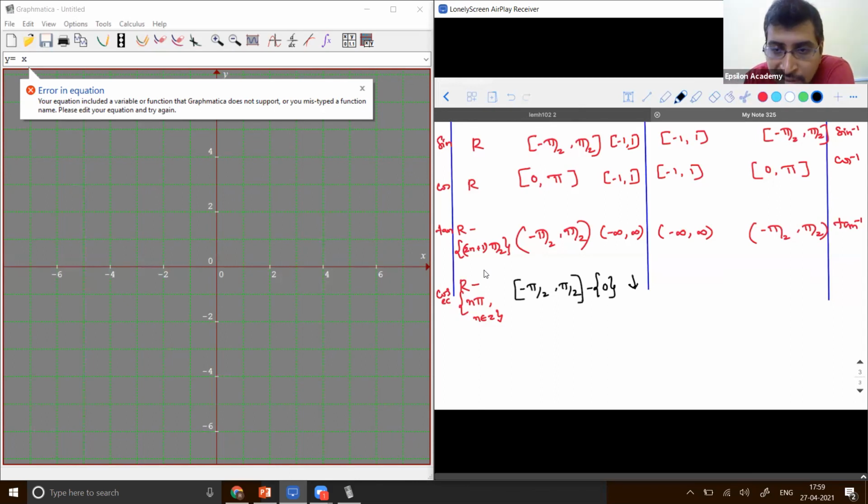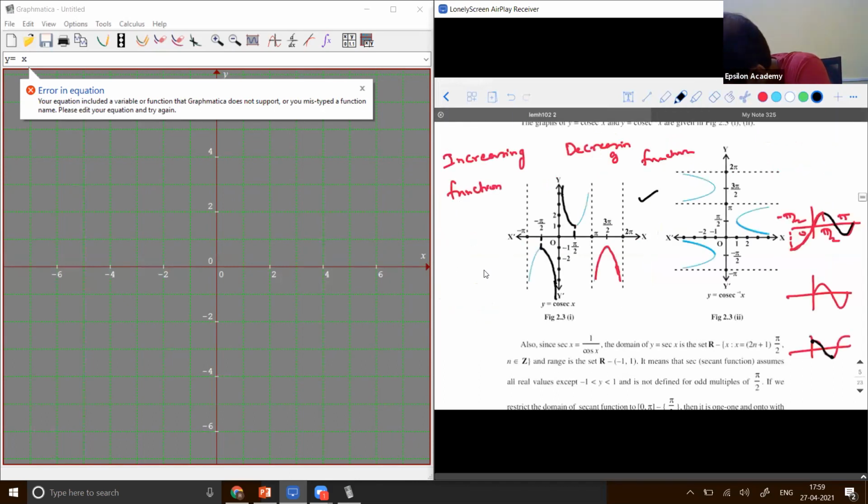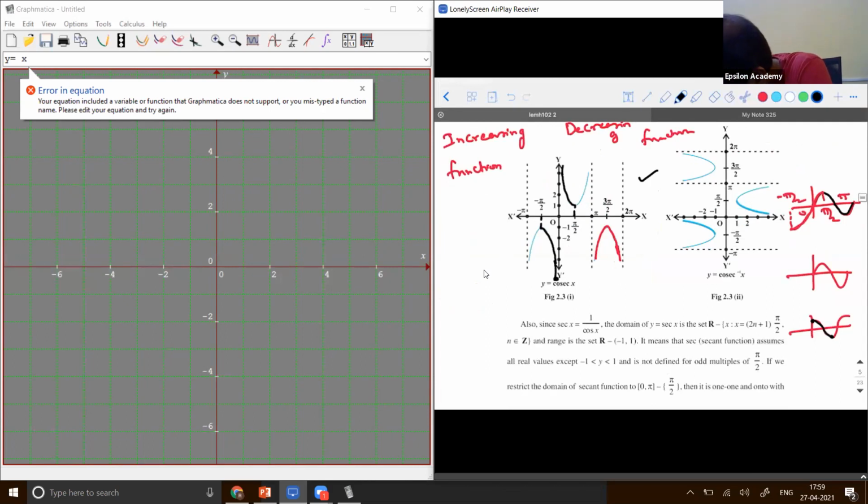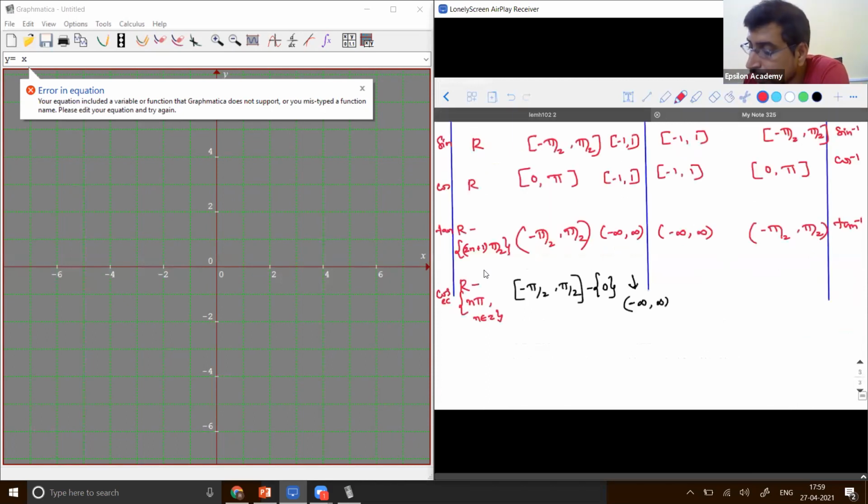My range will still be minus infinity to infinity. I'm able to get a value from minus infinity till plus infinity. So what will happen with cosecant inverse? This minus infinity to infinity, and minus pi by 2 to pi by 2 except 0.